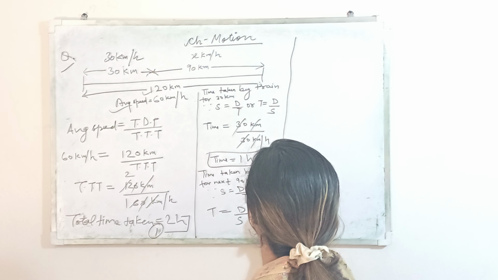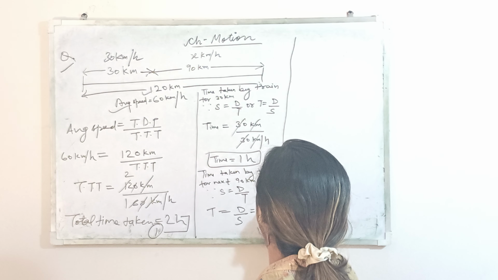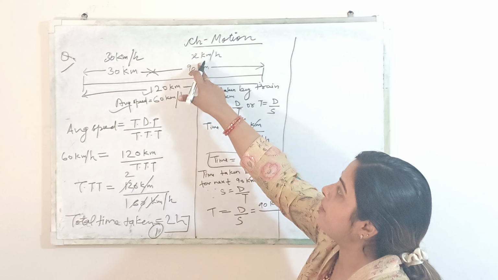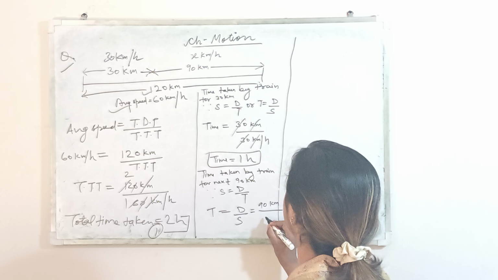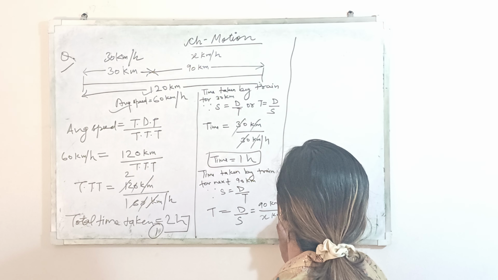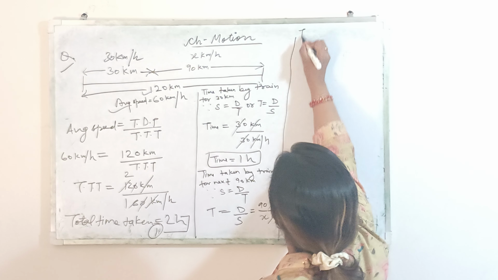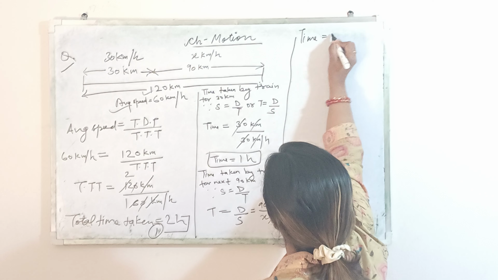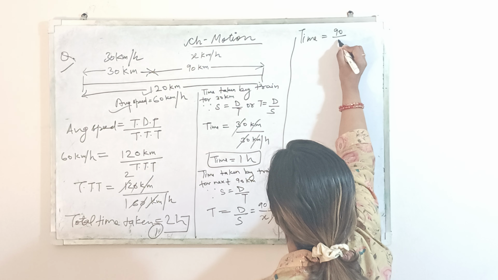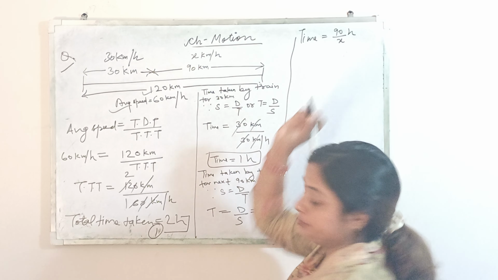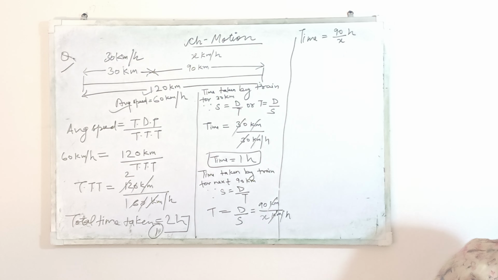What is the distance here, children? 90 kilometer. Speed was not given, so we have taken speed as x kilometer per hour. So time is equal to 90 upon x hour. I hope it is clear to you.